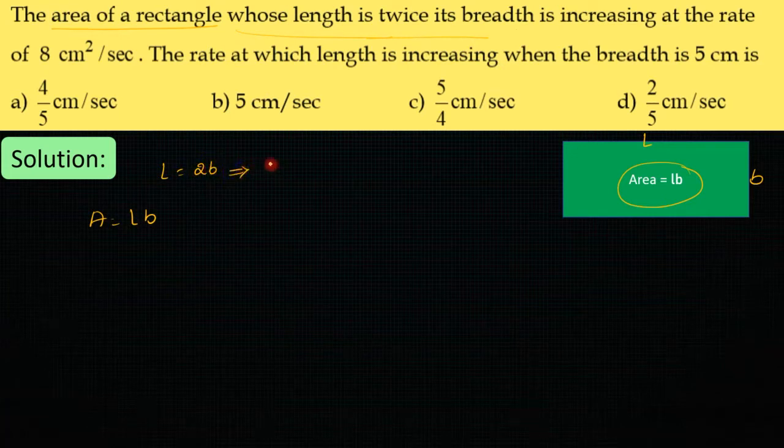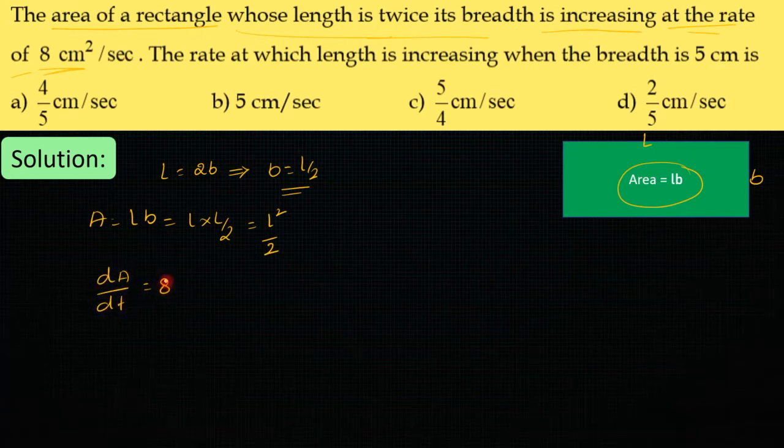This implies B is equal to L by 2. Now area A is equal to L into B, which is L into L by 2. This equals L square by 2. It is increasing at the rate of 8 centimeter square per second, that is, dA by dt is equal to 8.